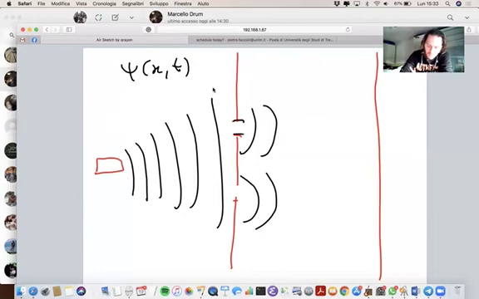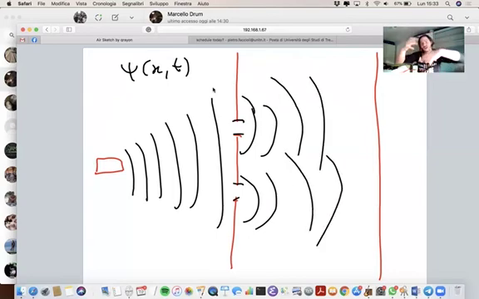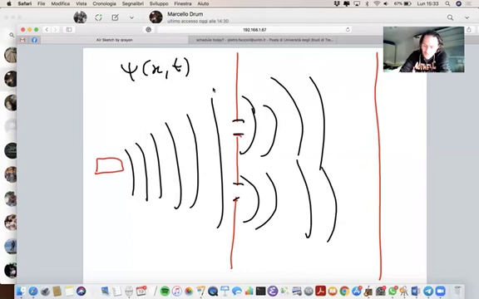When the wave impacts the slits, it will pass through only the two holes, so there will be two circular waves, and these two circular waves will interfere with each other, just as waves on the ocean, where we get the forthcoming and the backcoming, and they sum up in a linear way. This gives rise to an interference pattern.